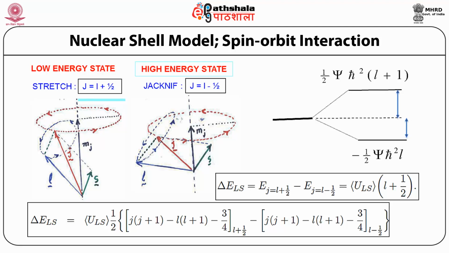The energy separation of the two states is called the energy splitting, represented by ΔE. So ΔE_LS is equal to E(J = L plus half) minus E(J = L minus half), which is equal to the mean value of U_LS times (L plus half), and from the figure shown we can find an expression for ΔE_LS.